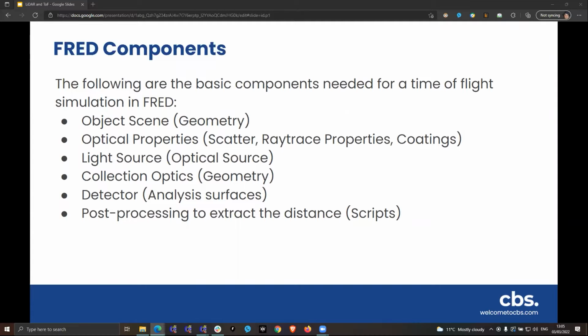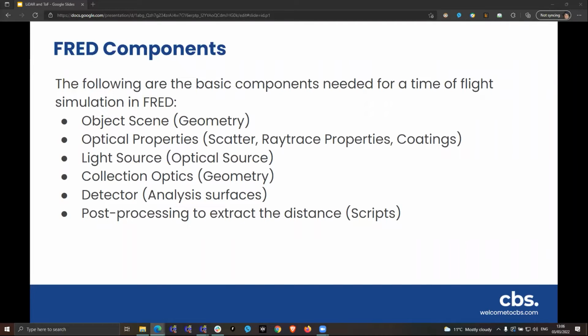So the items that we're going to shine our light on and see reflected light back from, that is going to be scattered, reflected light typically. So we need some scatter functions. We also need ray trace properties, which tell the actual ray trace engine what types of optical interactions can actually take place. And then we might also need some coatings.